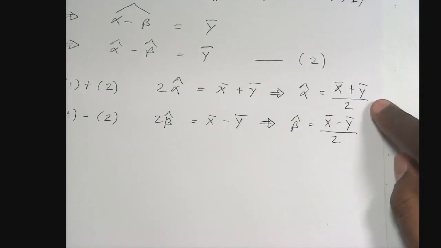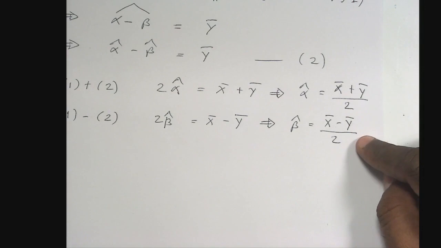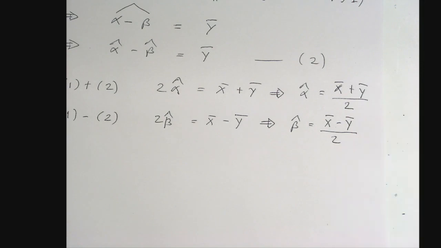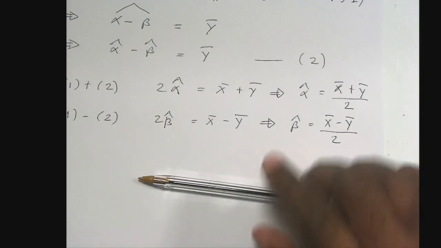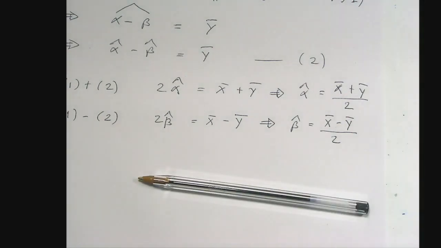So this is the MLE for alpha, and this is the MLE for beta. Is that clear? This is not the only way to do it, you can do it in other ways too, but this is one of the simplest ways to do this question. Is that clear or no?